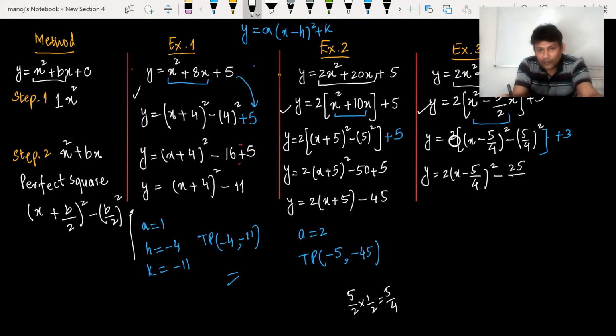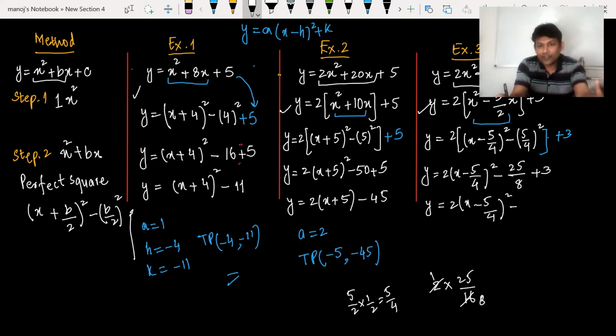But remember, when you multiply 2 with 25 upon 16, it is 2 times 1 and 2 times 8, so it means 25 upon 8, and you have to copy this plus 3. y is equal to 2 (x minus 5 upon 4) whole square minus 25 upon 8 plus 3, and your answer is coming 1 upon 8. So this is minus 1 upon 8.